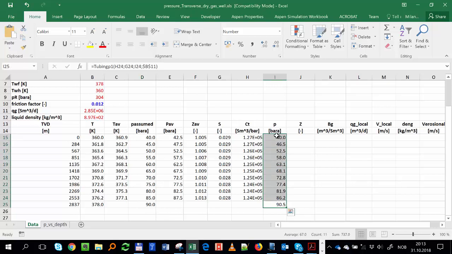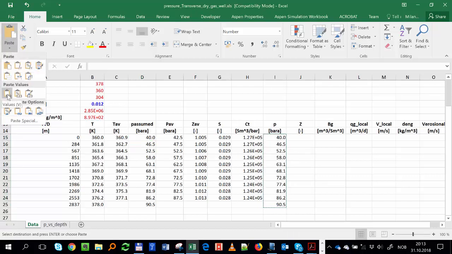So just to improve my calculation, and be careful with this step, I copy this column, and then I paste on my assumption. I'm going to improve my assumption, but I have to paste values only. Be careful, I don't want to paste a formula, I want to paste values.